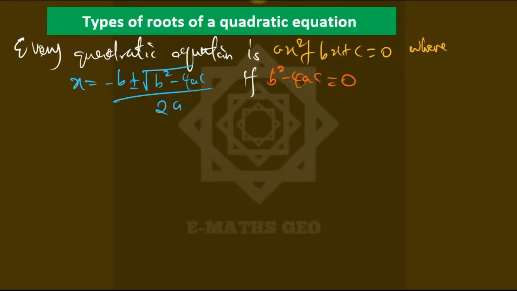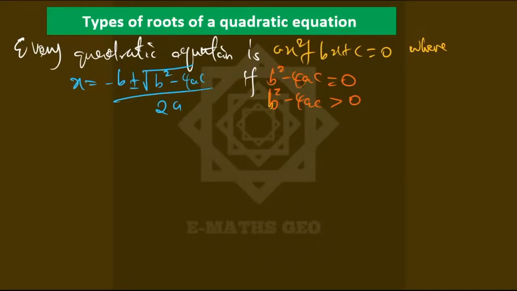But if b squared minus 4ac is greater than 0, what are the possibilities of this expression? Either 0, greater than 0, or less than 0. So what's the meaning? If it's a positive number, it will have two different answers, the positive one and the negative of this.